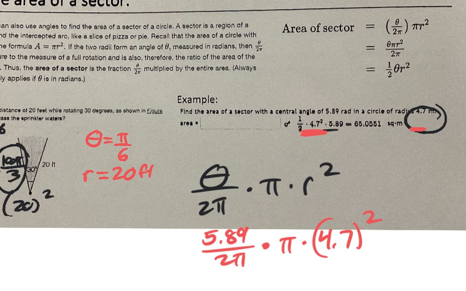What's the thing it's showing us over here? It's saying this should be the answer. Is that what you got? 65.055. It's 65.05500105, but it rounds to 65.06.